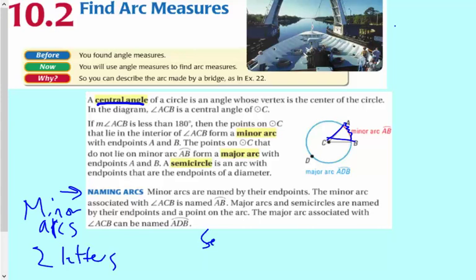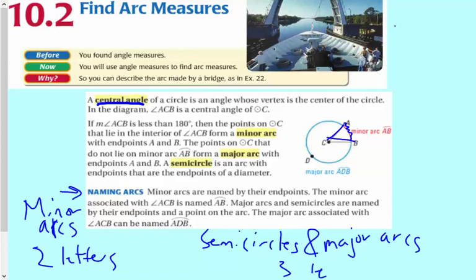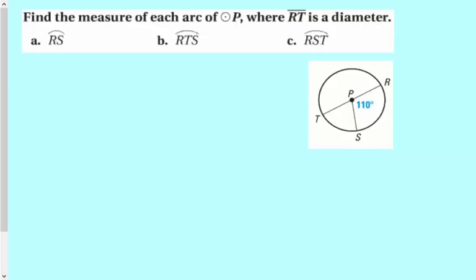And semicircles and major arcs, we need 3 letters to name them. So that's important. And if we're talking about ADB, so that'd be A to D to B, that would be arc ADB. So that's basically most of the information.